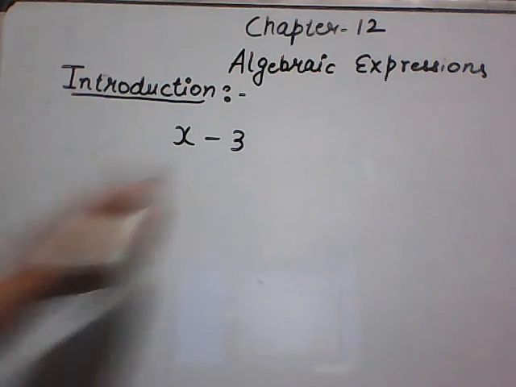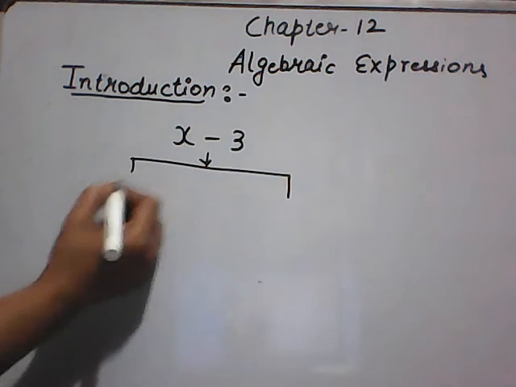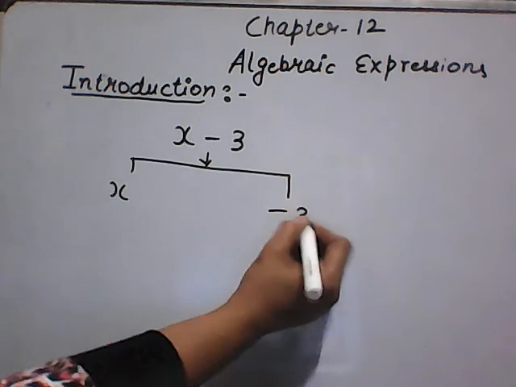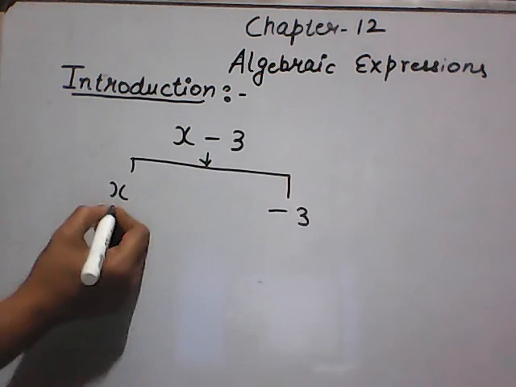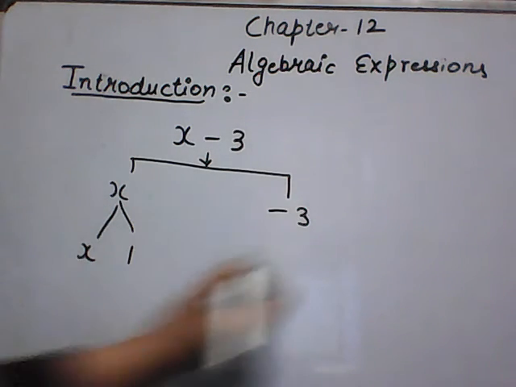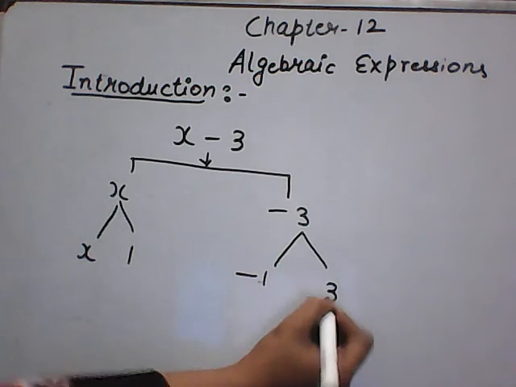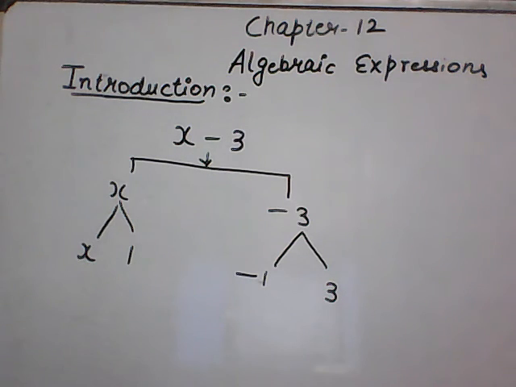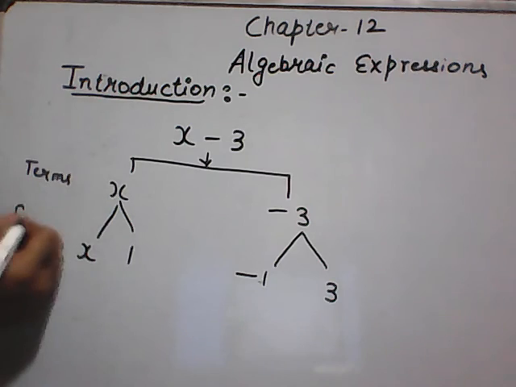This expression has two terms, x and minus 3. What are the factors of x? It is x and 1. What are the factors of minus 3? Minus 1 and 3. In this way we can represent an expression in terms of a tree diagram. These are the terms and these are the factors.